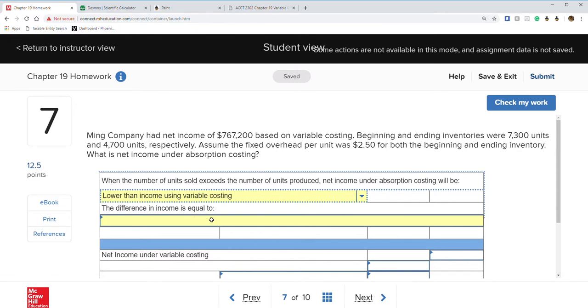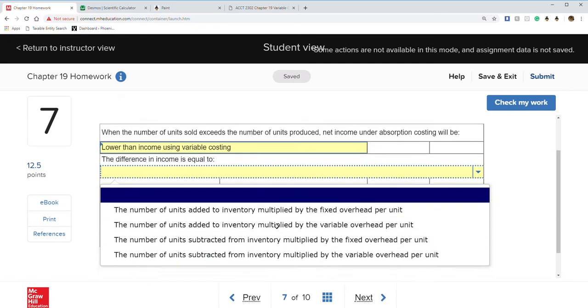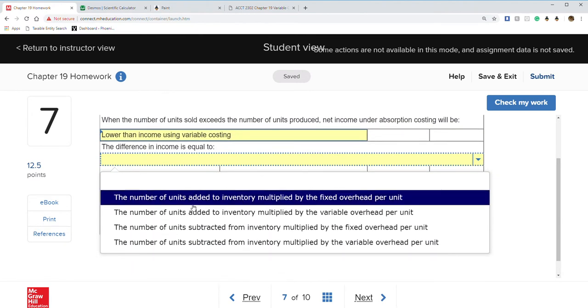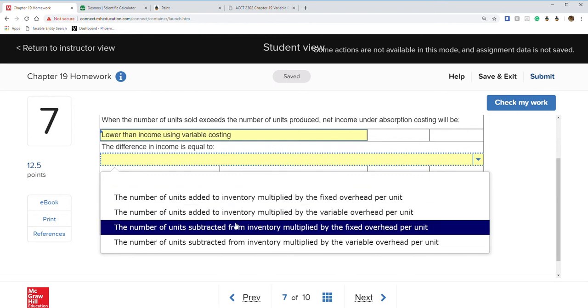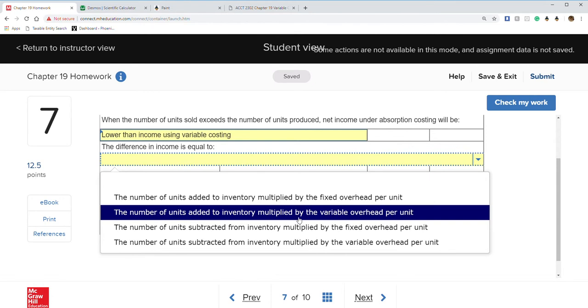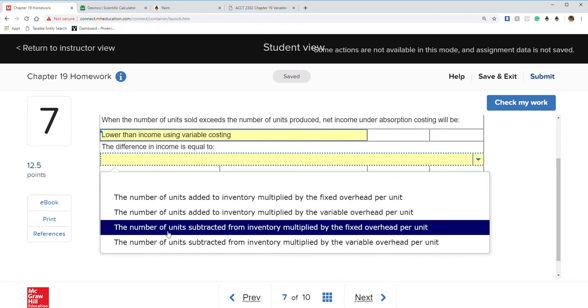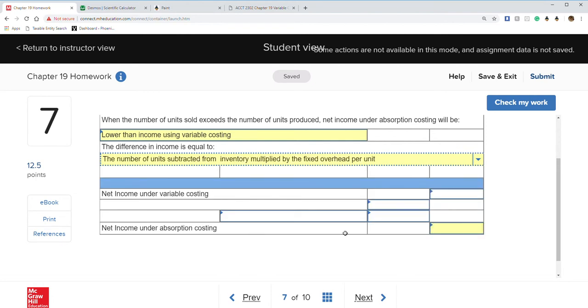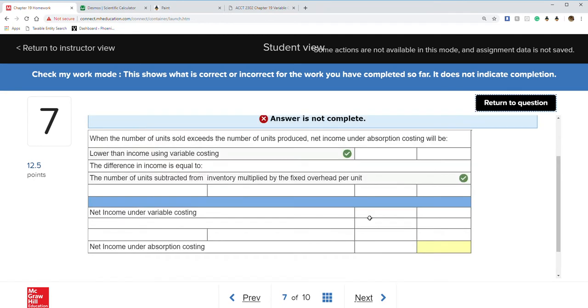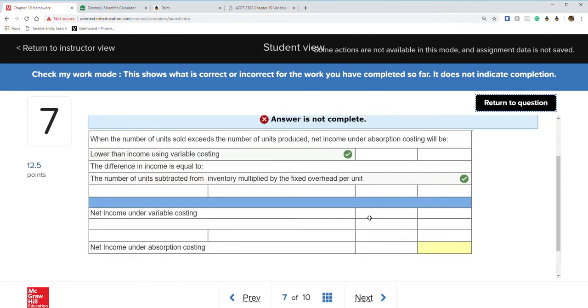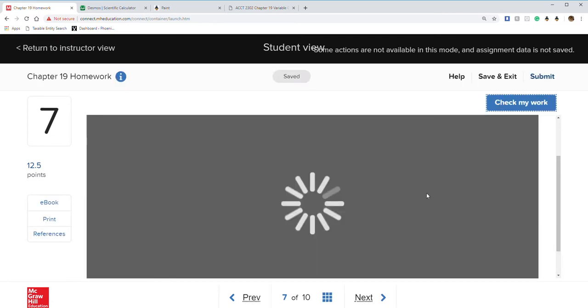The difference in income is equal to the number of units added to inventory multiplied by the fixed overhead per unit, the number of units added to inventory multiplied by the variable overhead, or the number of units subtracted from inventory multiplied by the fixed overhead. I believe it's going to have to deal with something with fixed overhead. So you're going to be higher or lower. And this is subtracted.